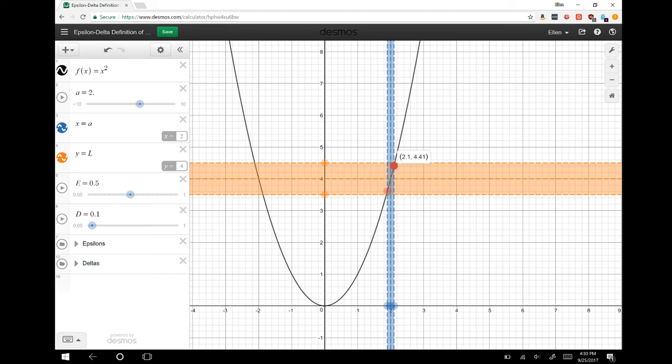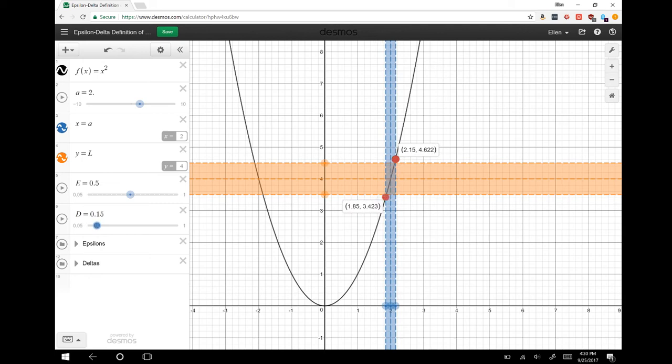If I slide them in, again, I can click on these points and actually see the values. You can see that those y values are between 4 plus 0.5 and 4 minus 0.5. So that's 4 plus epsilon and 4 minus epsilon, and the y values on the entire function in that blue rectangle, all of those y values are inside of the orange rectangle.